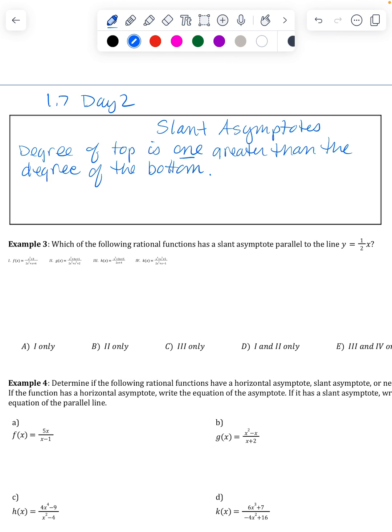Okay. And you're going to find the slope, essentially, of that asymptote by looking at the ratio of the leading terms.